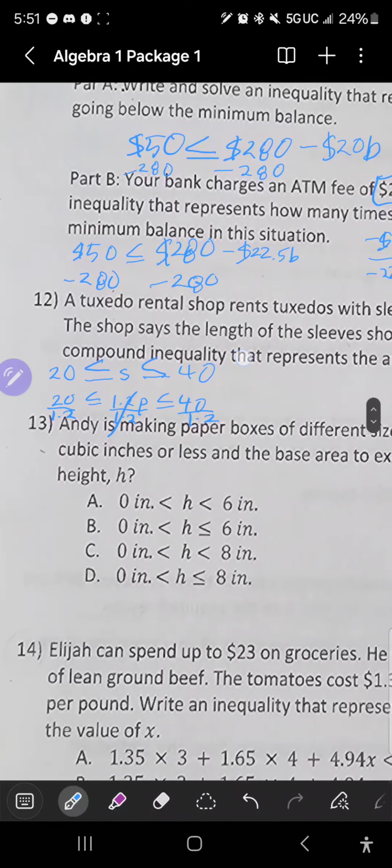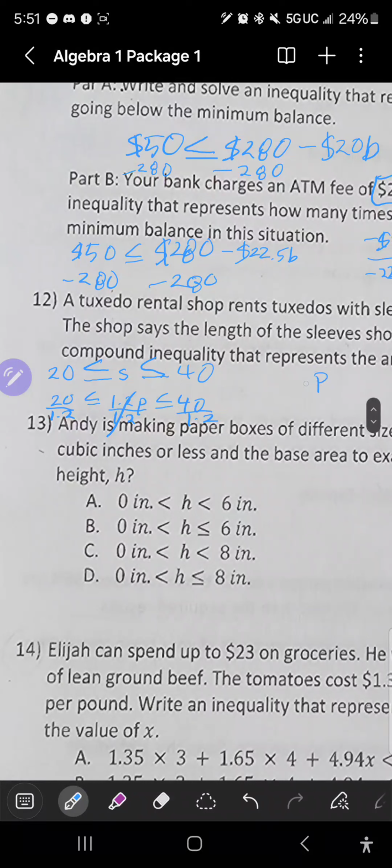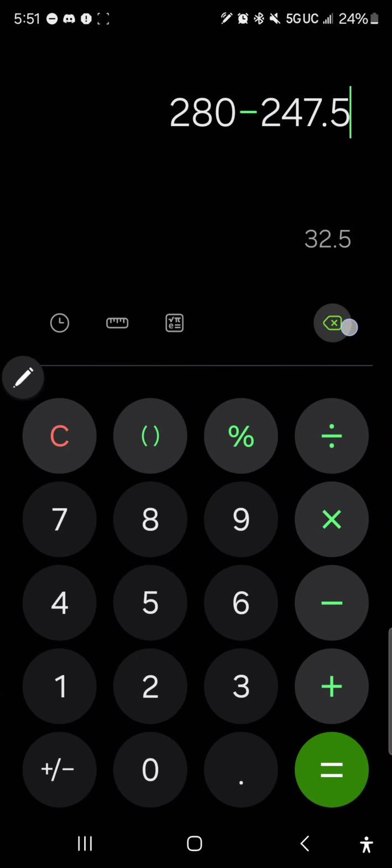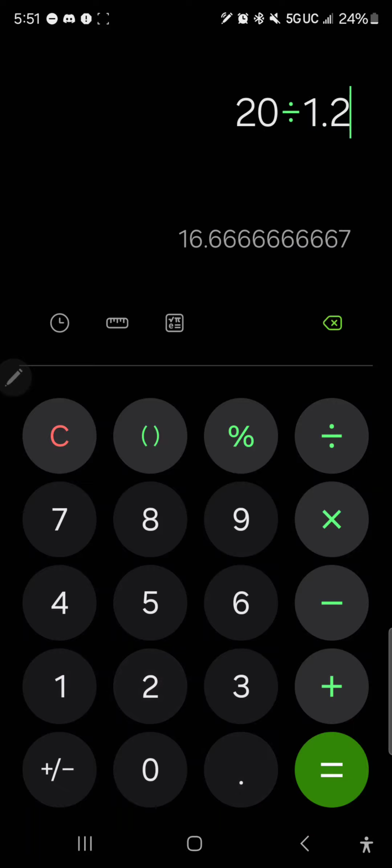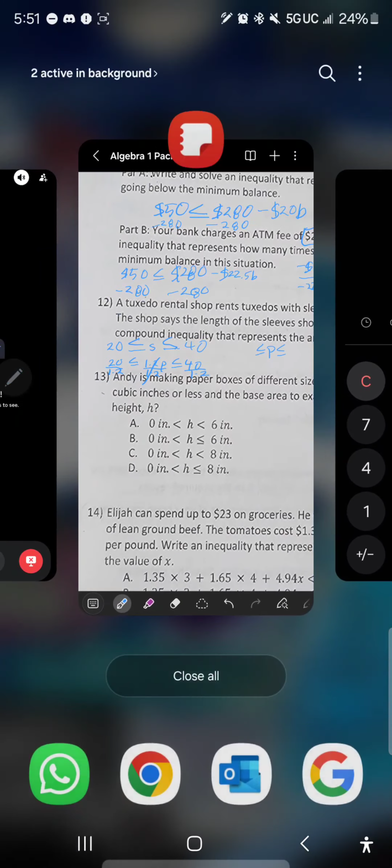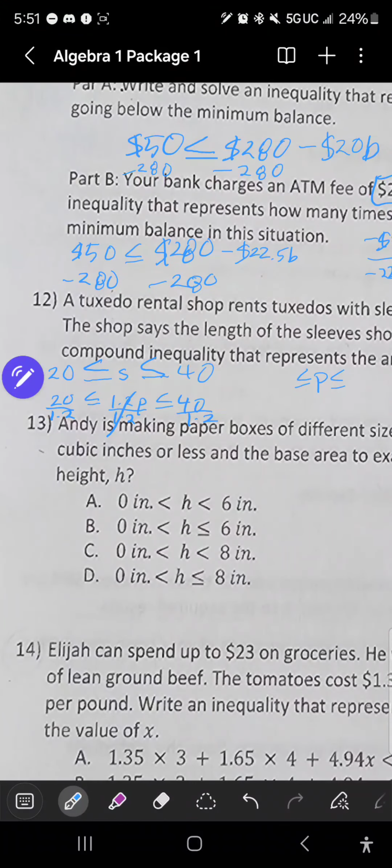When we divide, 20 divided by 1.2 is 16.67.